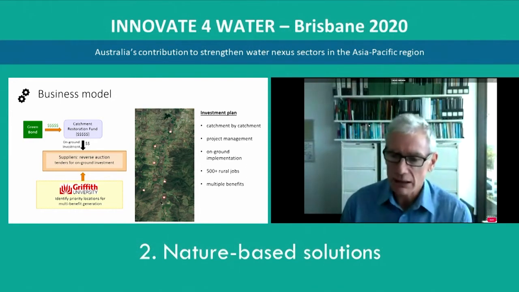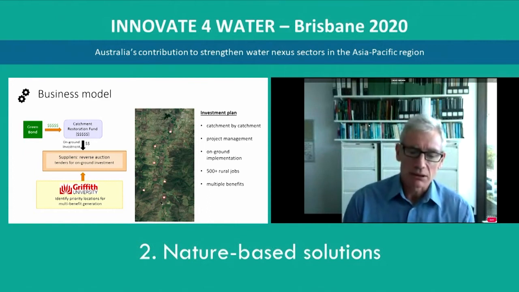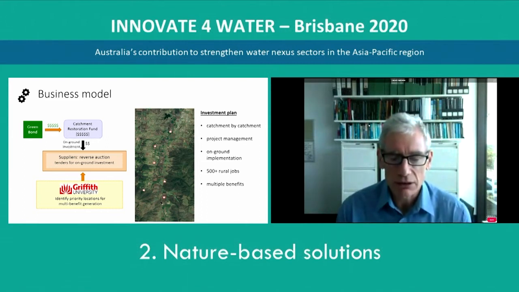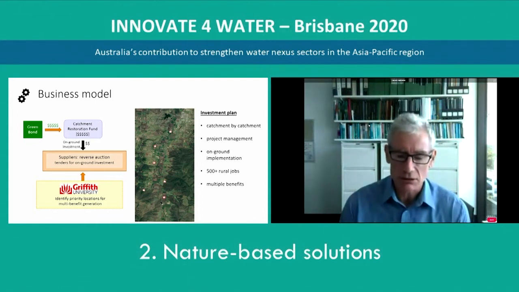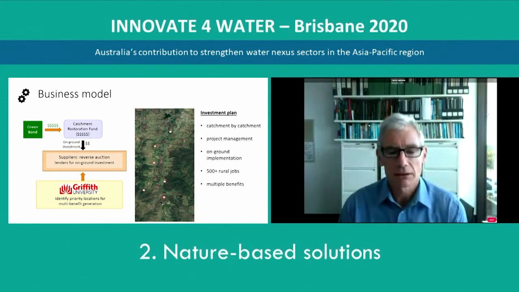So the investment plan is that it's a catchment by catchment tool. It involves project management that connects with the on-ground implementation, and for southeast Queensland could be in the order of around 500 or more rural jobs with multiple benefits, and those benefits could extend to sediment, carbon, nitrogen, and flood control. Next slide.